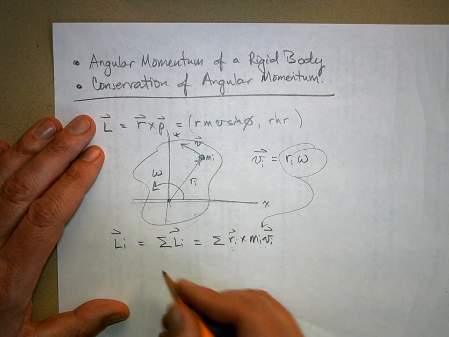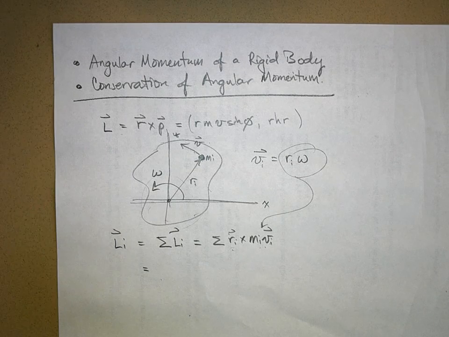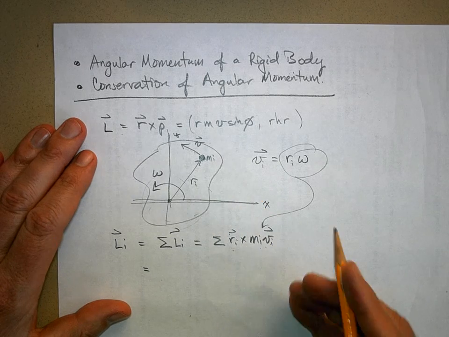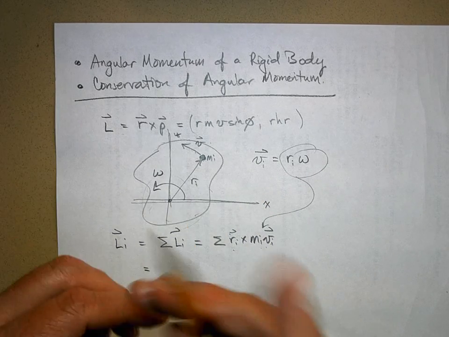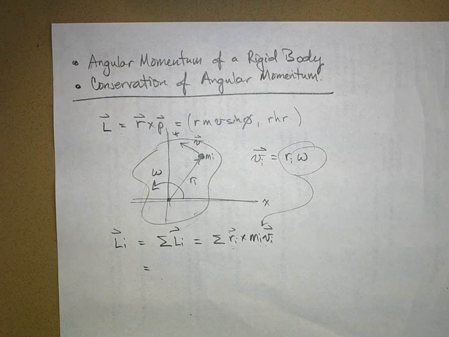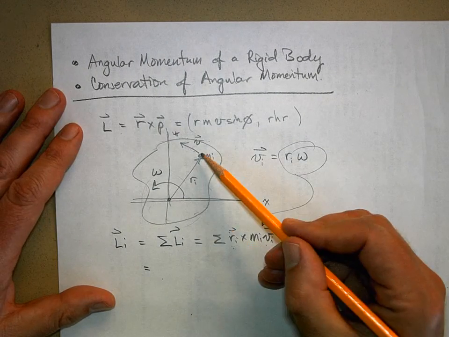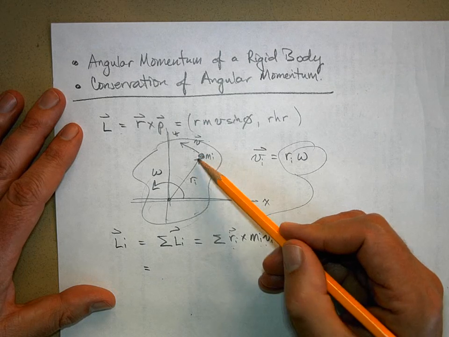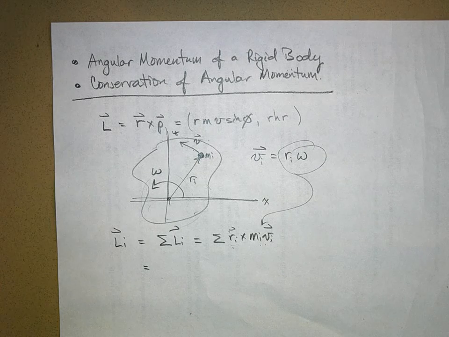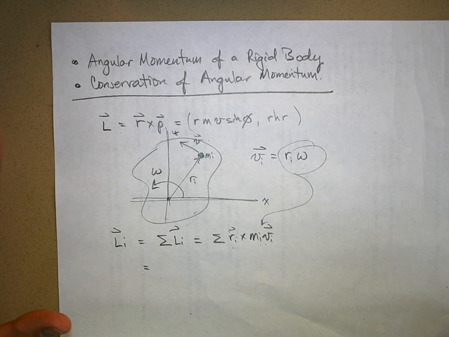And by the way, we don't even need to worry about the cross product anymore, because with a rigid body with an axis of rotation, the velocity is going to be perpendicular to r. So the angle between r and p is going to be 90 degrees in every case. So that's just going to go away because the sine of 90 degrees is 1.